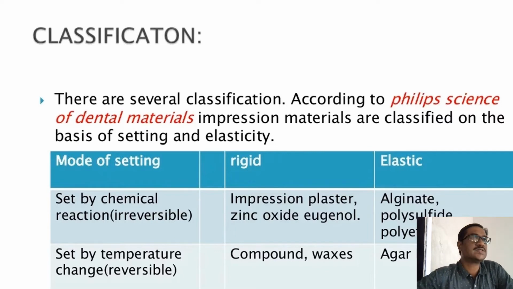Then coming to selective pressure impression techniques. Zinc oxide eugenol impression paste is a selective pressure impression material. In this case, we are going to compress some tissues and we are not going to compress some tissues.